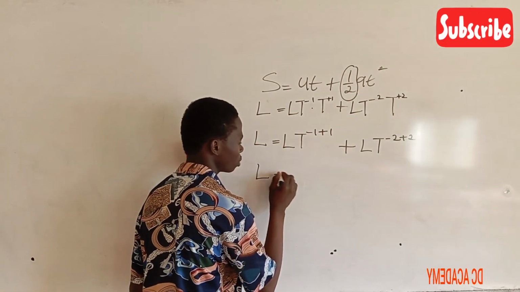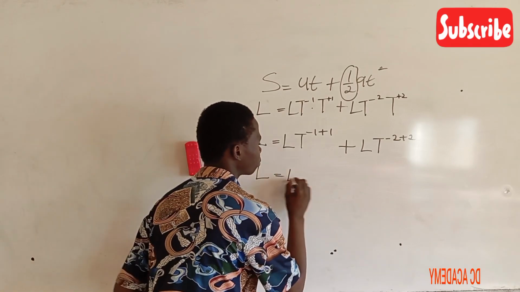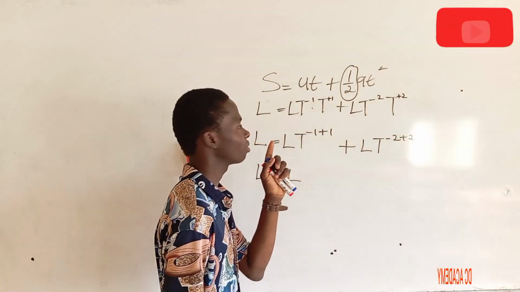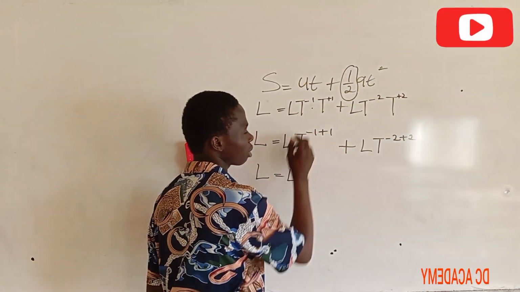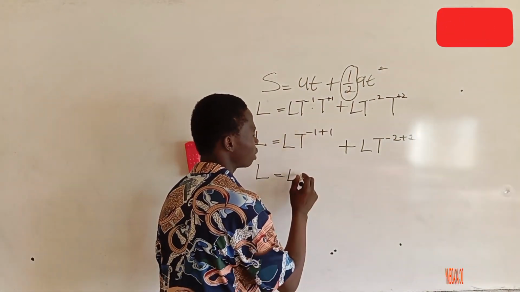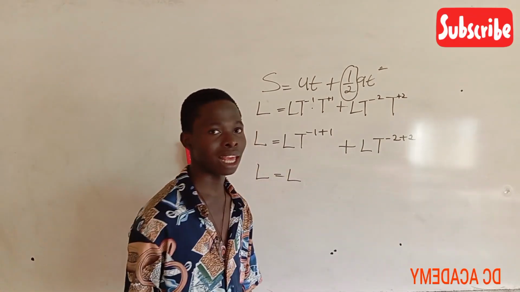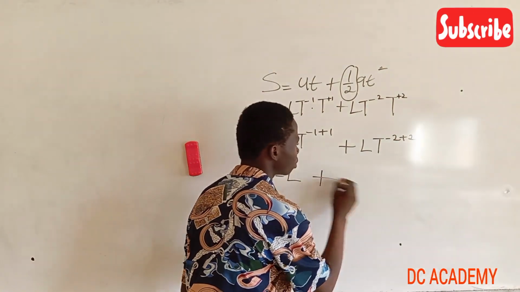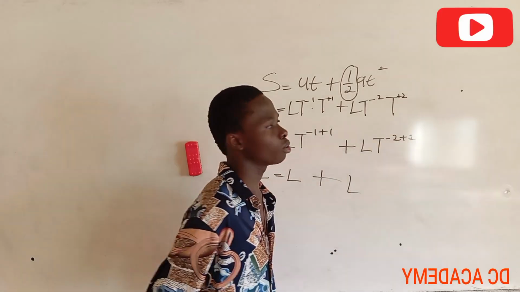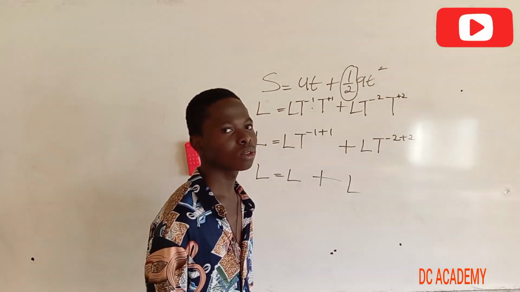Now, L is equal to... now T to the power minus 1 plus 1 is what? 0. So this is already out. And T to the power 0 is what? 1. L times 1 is still L. Same thing goes here. T to the power minus 2 plus 2 is what? 0. T to the power 0 is 1.